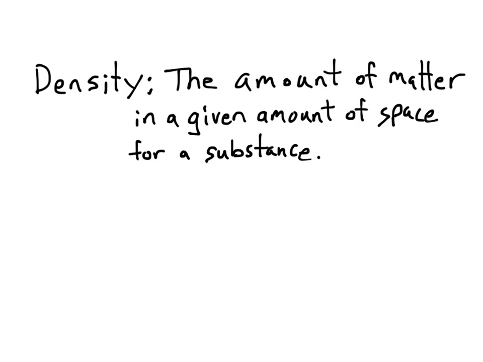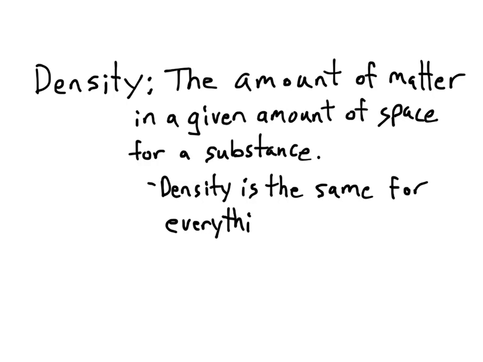So when I talk about density, I'm talking about, hey, I have this much mass, but also this is how much space it's going to take up. It's more like how compact something is, how spaced out the matter is in that object. Density is going to be the same for everything made of that substance.